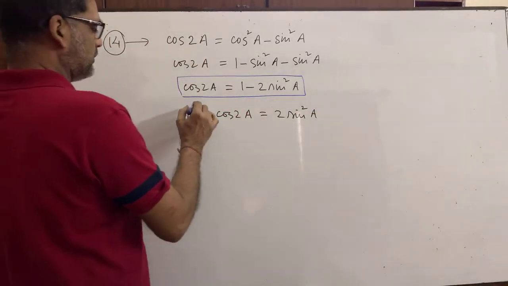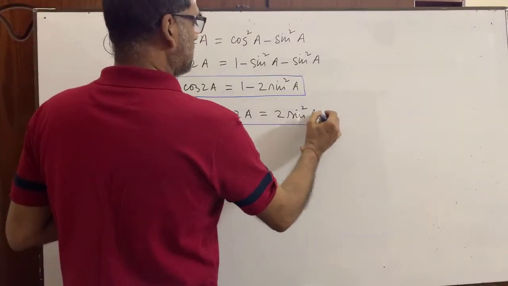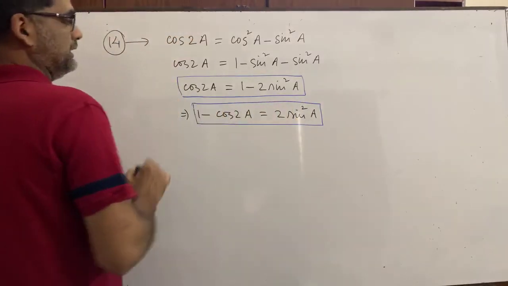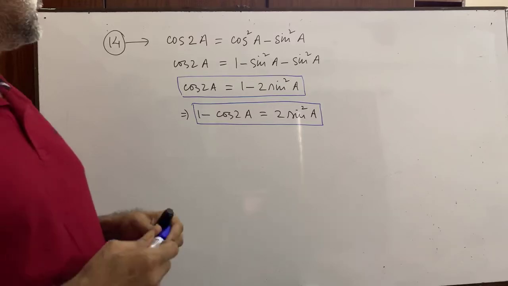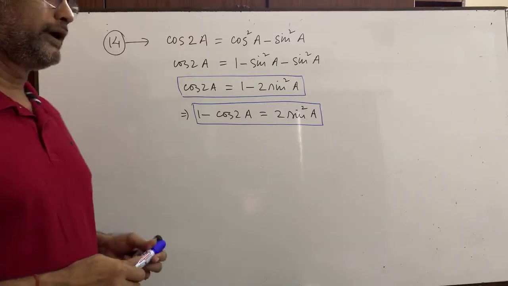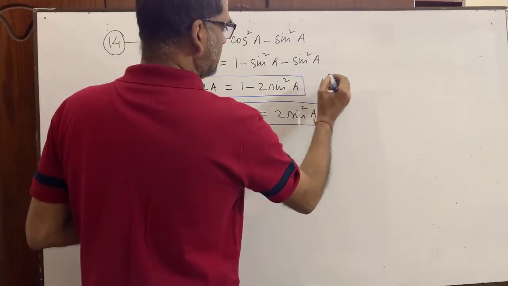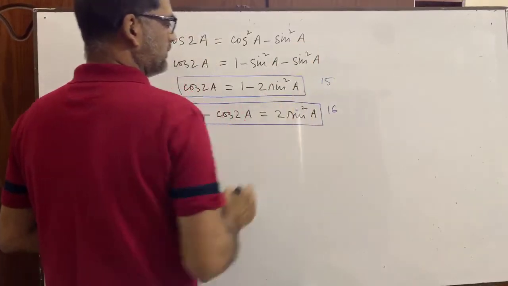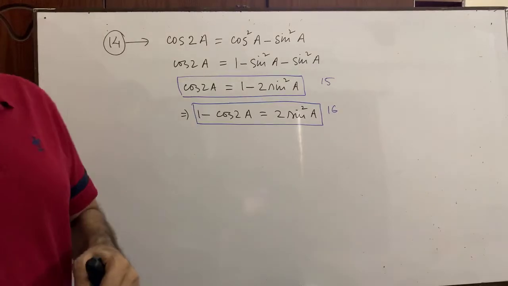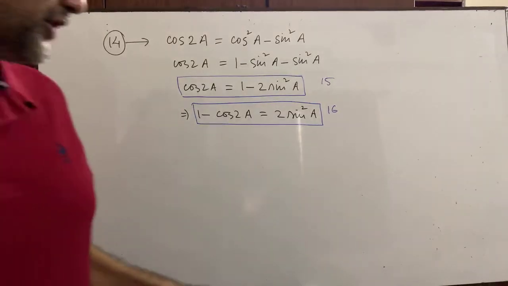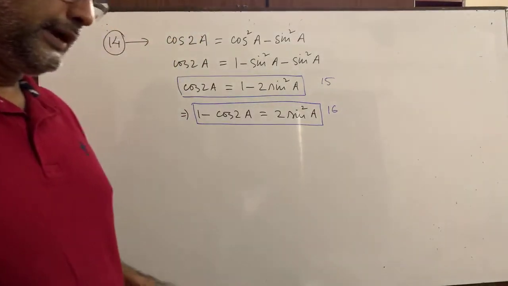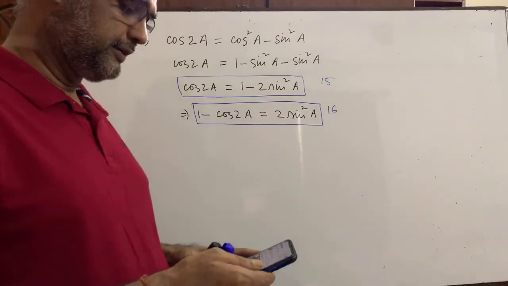This is another formula. So we can name them number 15, number 16. Pay attention and let me know if you fail to understand.